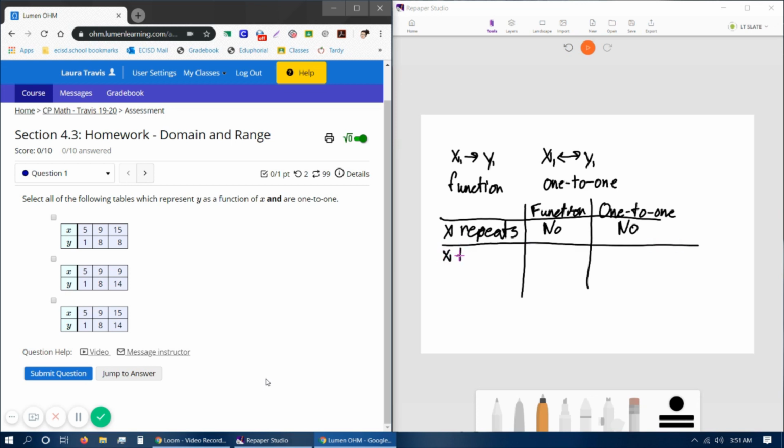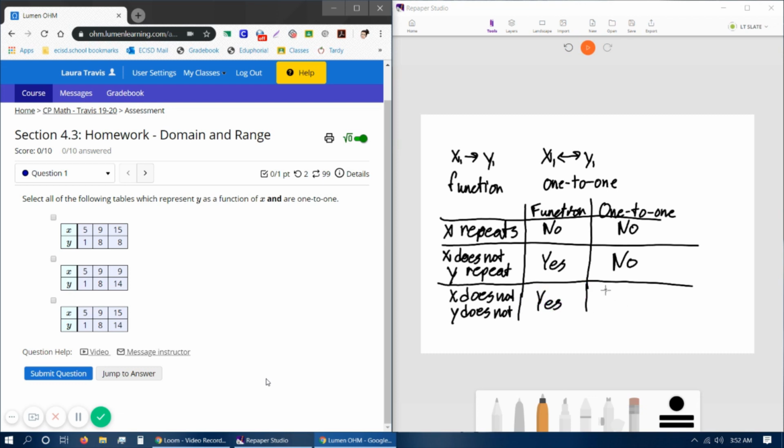If x does not repeat, but y does repeat, then it is a function, but it is not one-to-one. It is only if x does not repeat and y does not repeat that it is both a function and one-to-one.